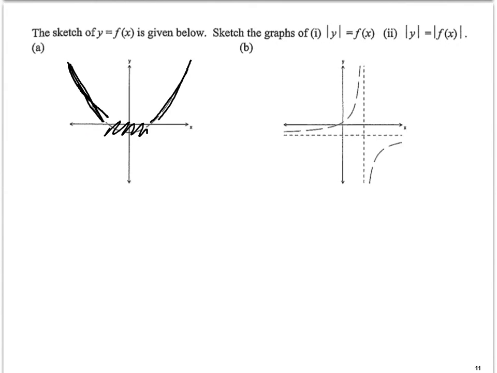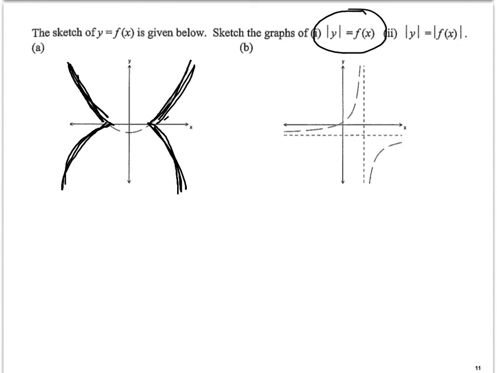And what you're going to do instead is just do the reflection of what is above the x-axis. So something that looks like that. So now your x-axis is your mirror line. So sorry about my drawing's not so great, but there you go, something like that. That's what you end up with when you've got the modulus of y equals f of x.